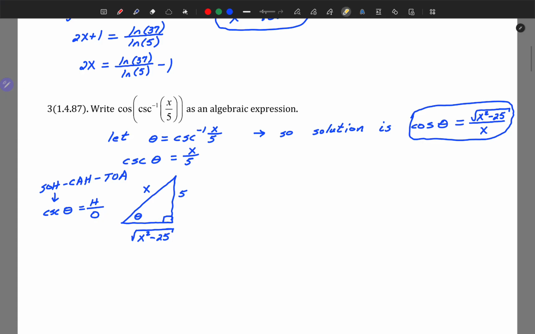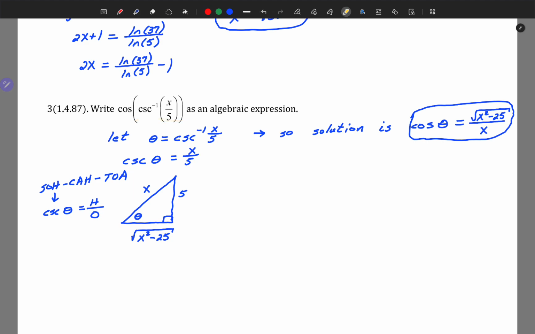For number 3, we have the cosine of the inverse cosecant of x over 5. And you're supposed to rewrite this as an algebraic expression. The key to doing this and any problem like it is to remember that any inverse function is always just an angle. So you can call it an angle.